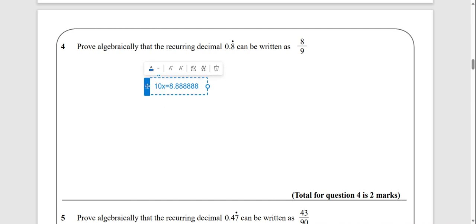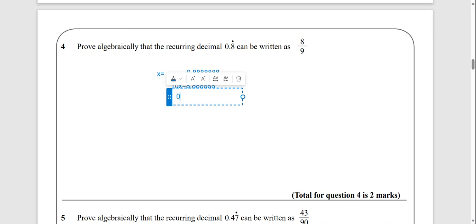And you can see here I'm just going to move this so it lines up. Now, if I was to take x from 10x, would it clear this? And the answer is yes. So 9x here would be equal to 8.